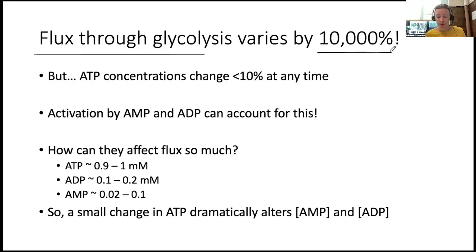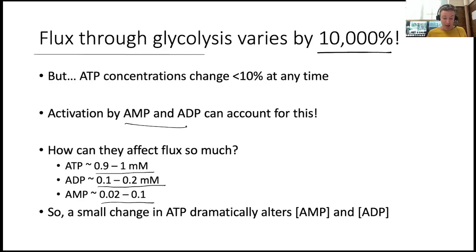So how can flux through glycolysis change so much? Well, what happens is that the concentrations of AMP and ADP are actually changing a lot more dramatically than concentrations of ATP. So for example, ATP is always between 0.9 and 1 millimolar, while ADP is between 0.1 and 0.2 millimolar, which is a doubling.